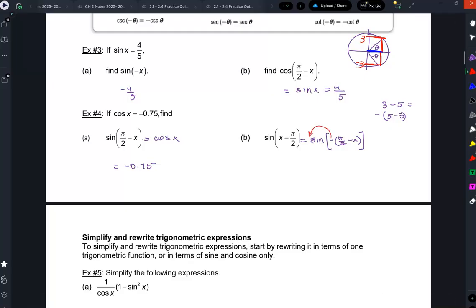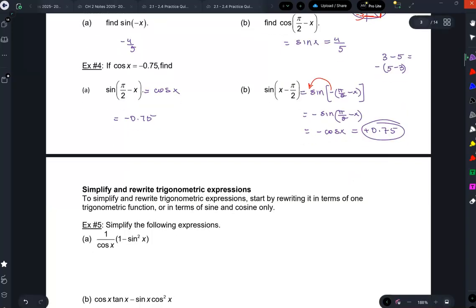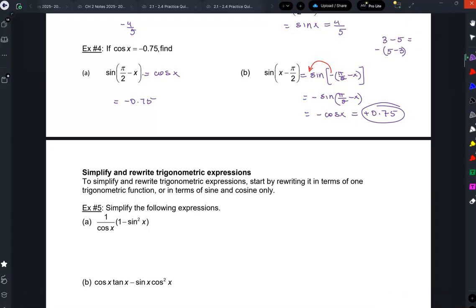So this is negative sine of pi over 2 minus x. This is negative cosine x, so it's positive 0.75. So when you go home tonight, think about that. Reason it out.